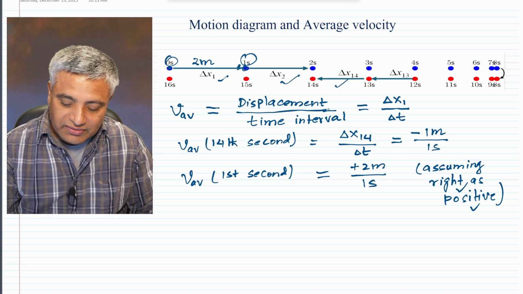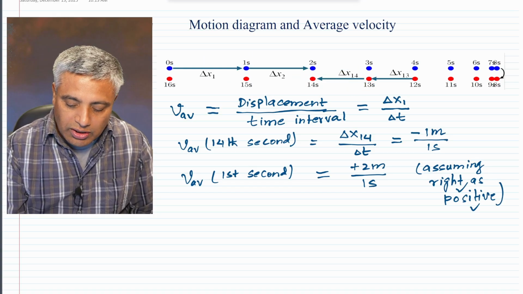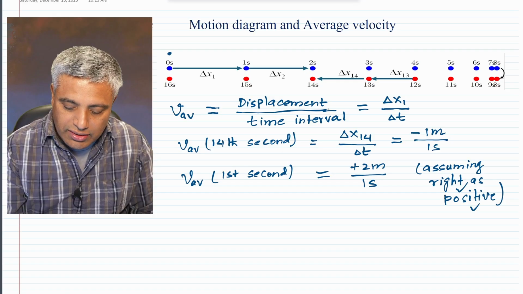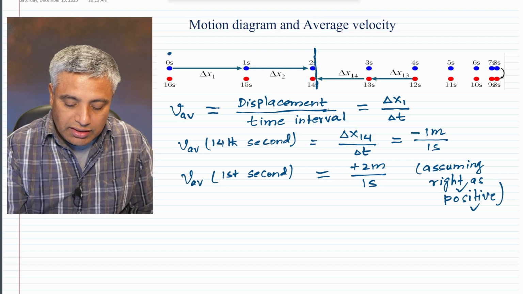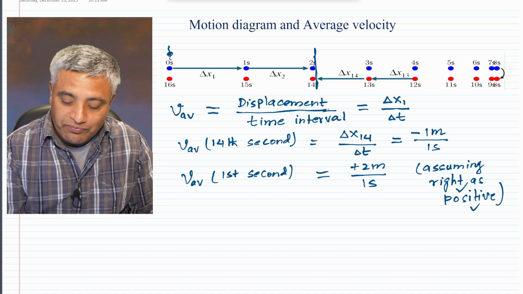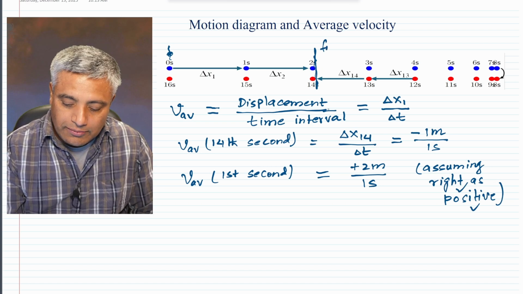Now, if I want to find the average velocity all the way from 0 seconds to the 14th second here, then what I do is I draw from the initial point of interest, which is 0 seconds, to the 14th second, which is final, for example.